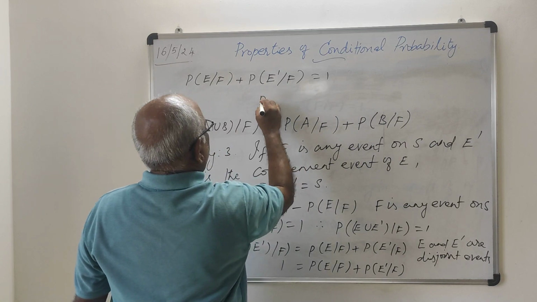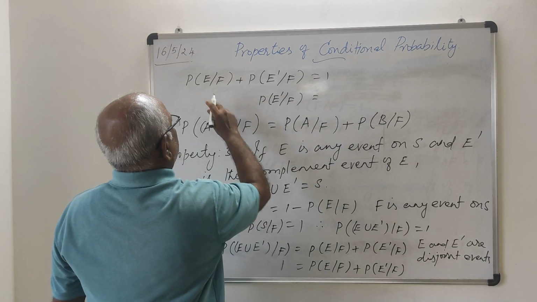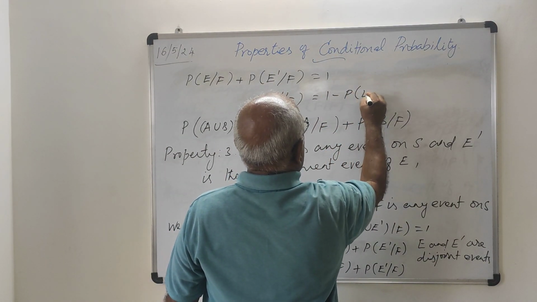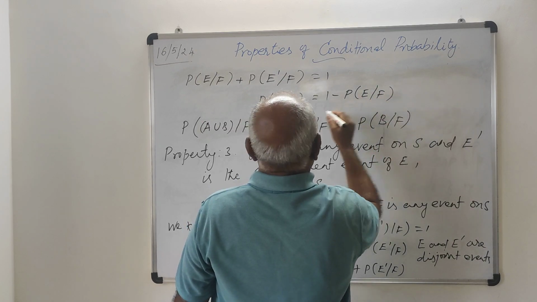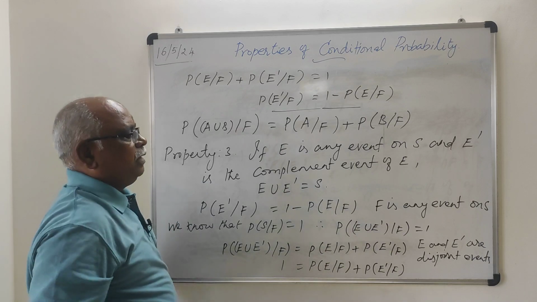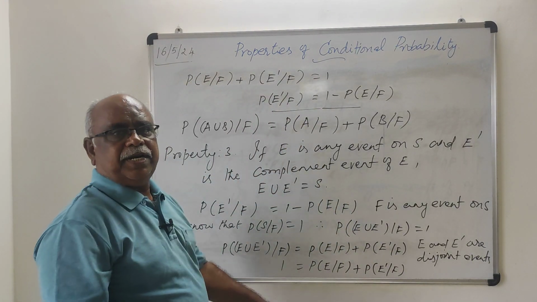So you bring this term to the right hand side: P of E dash slash F is 1 minus P of E slash F. Hence the property 3. These are the 3 properties of our conditional probability.